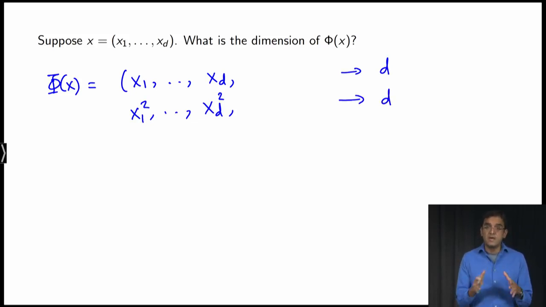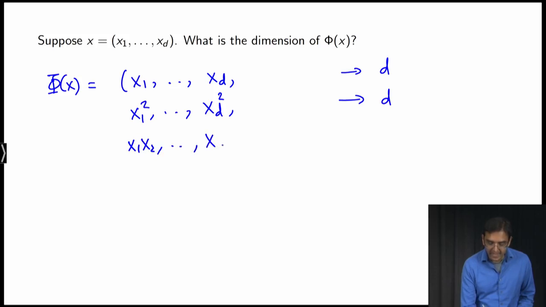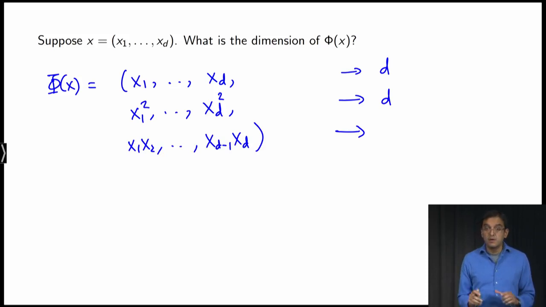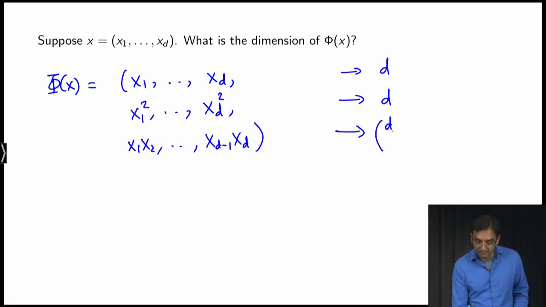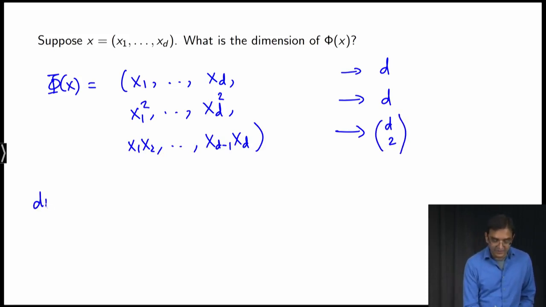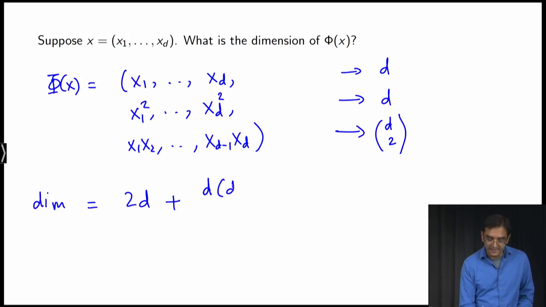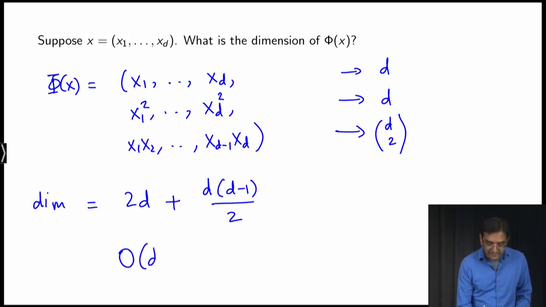And then it has all the pairwise terms, like x1 x2, x5 x7, and so on, all the way to x_{d-1} xd. And how many of those are there? d choose 2. Okay, so the dimension of this expanded representation is 2d plus d choose 2, which is d times d minus 1 over 2. Okay, so roughly it's O of d squared.